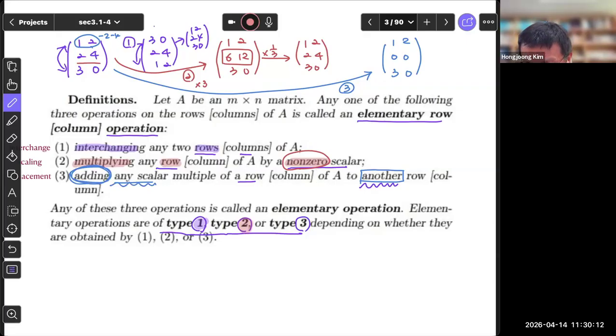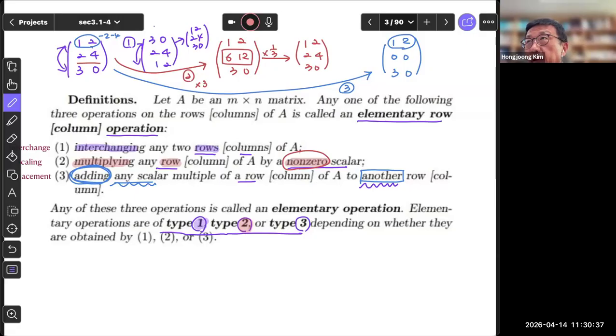But given this scalar, I can consider the negation of this scalar, multiply it, and then add it to the same row. What happens then? I mean, given this 1, 2, previously I multiplied -2, right?